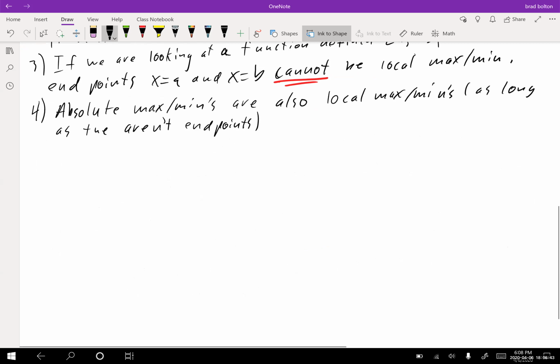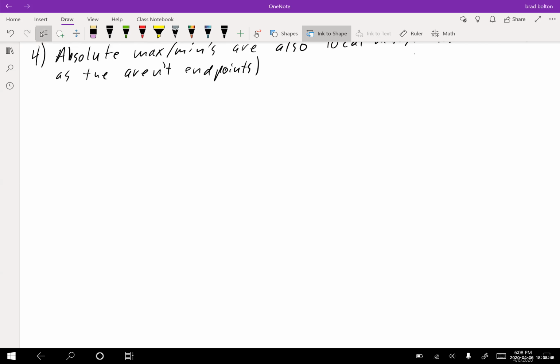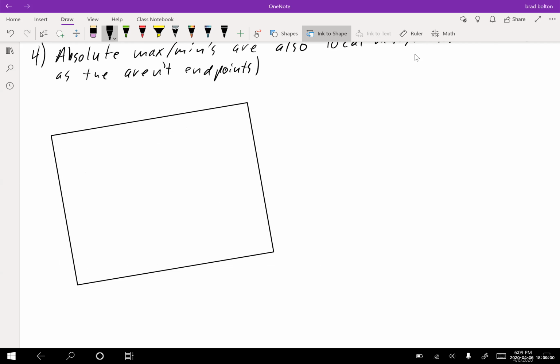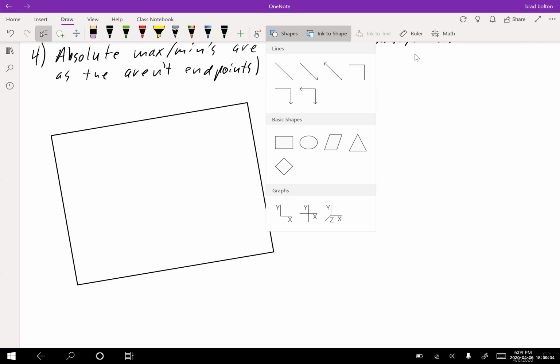So let me take this minute to draw a drawing real quick. I'm going to draw this right here, and we're just going to look at this. I'm just going to draw some weird function.